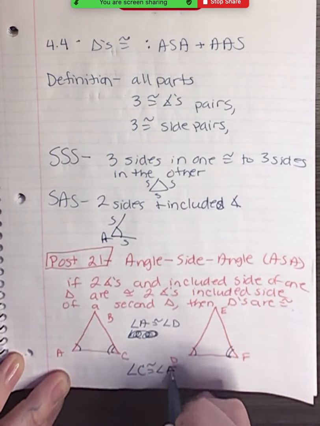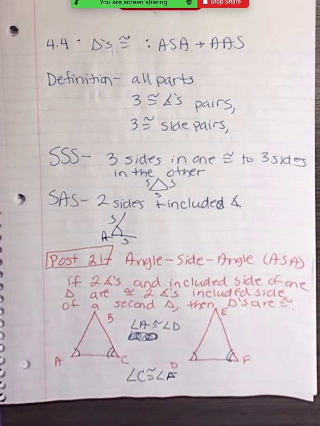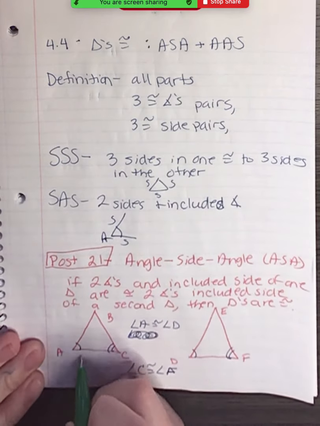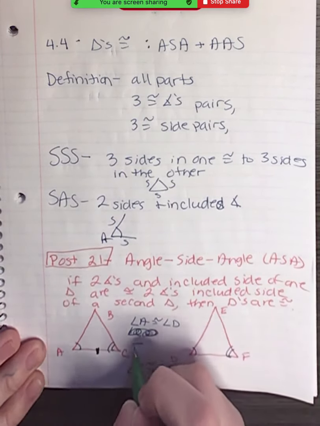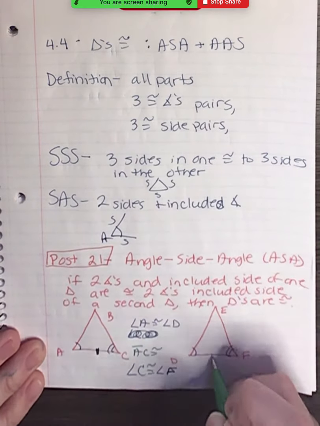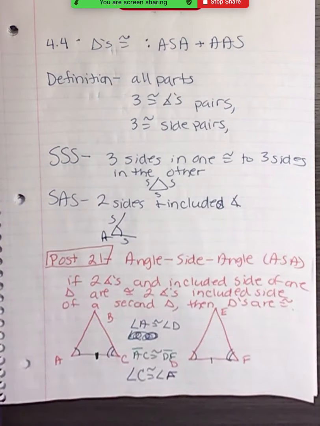Okay, that's your 2 angles. And the included side. So if these are the angles, this is the included side. So AC congruent to DF.